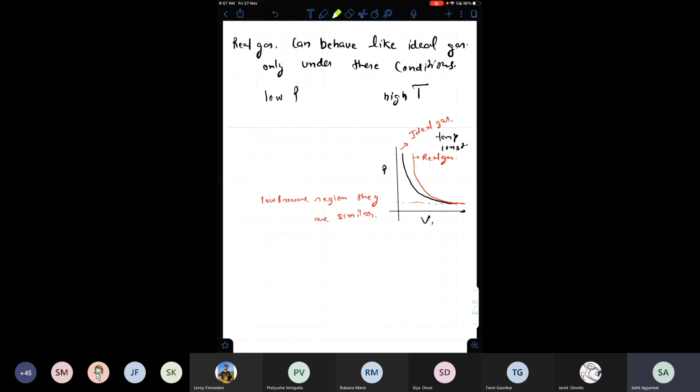Low pressure region में they are similar, but high pressure region में they are different. Understood?